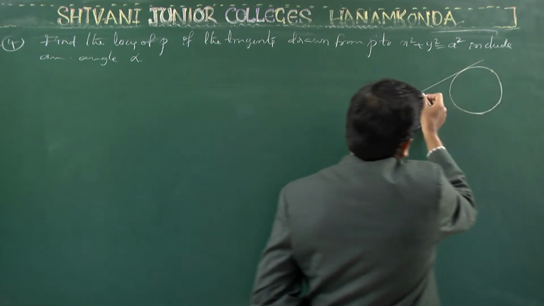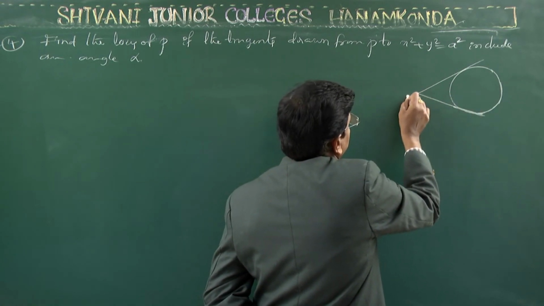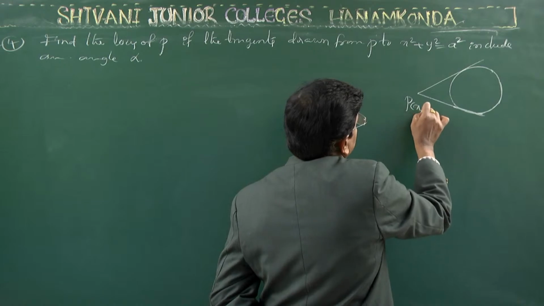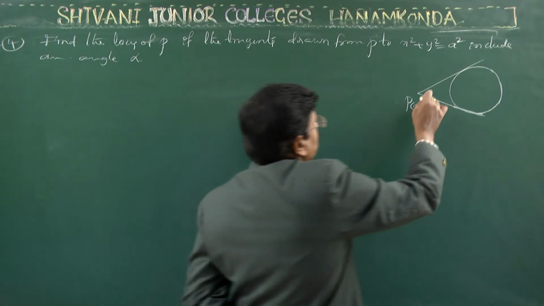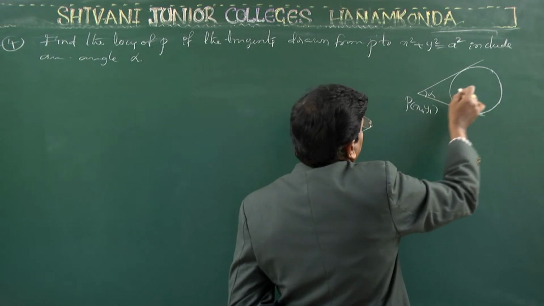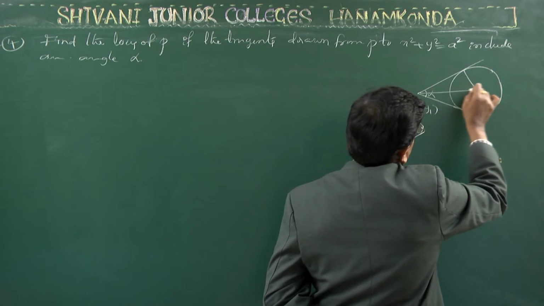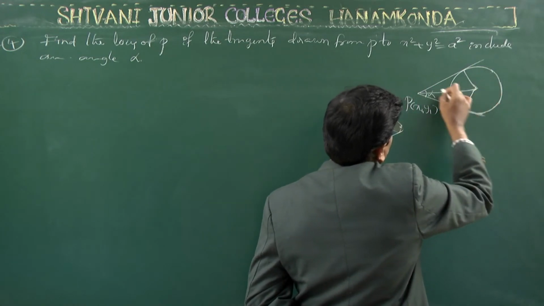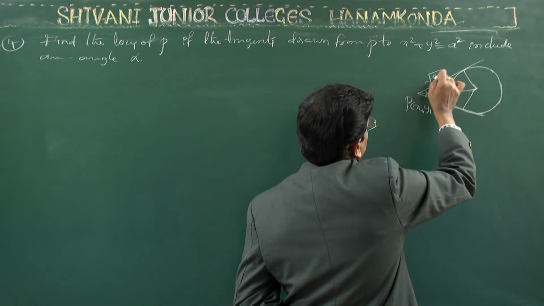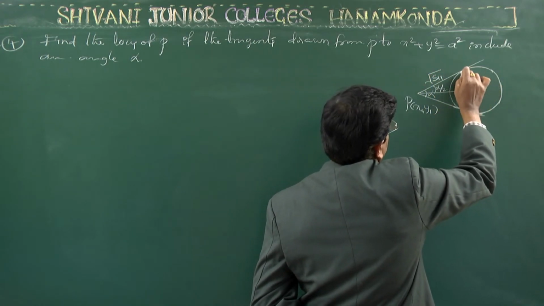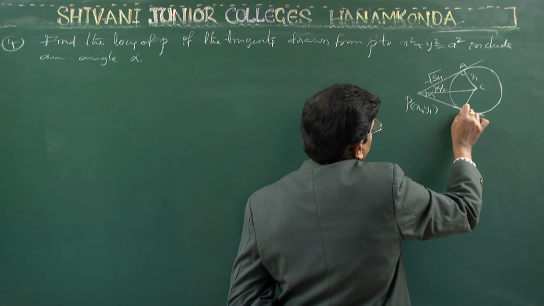Pair of tangents are drawn from the point P of x1, y1, with included angle alpha. The angle bisector is alpha by 2. You know S11 is like the radius, the perpendicular distance.